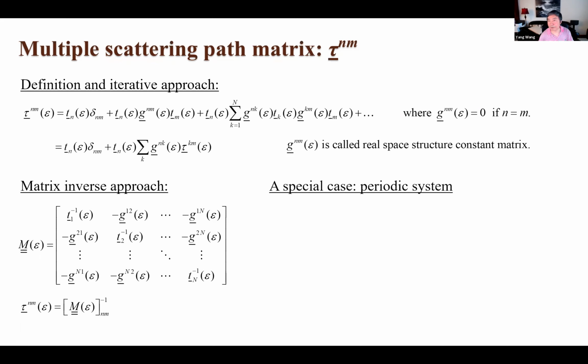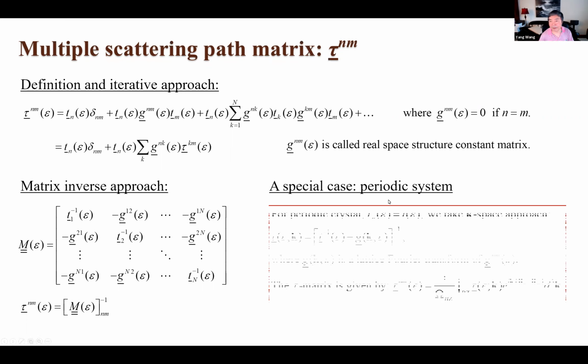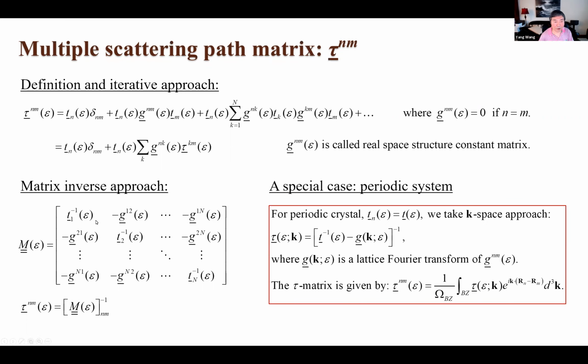So there's a special case. If the system is periodic, that is, all the T is the same, then you can still come back to this expression and insert this e to the k dot r into this expression. This is a series, and you can work it out yourself.